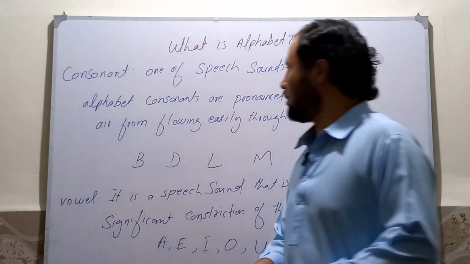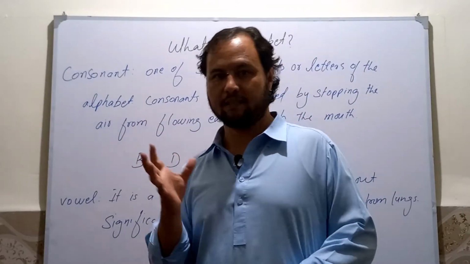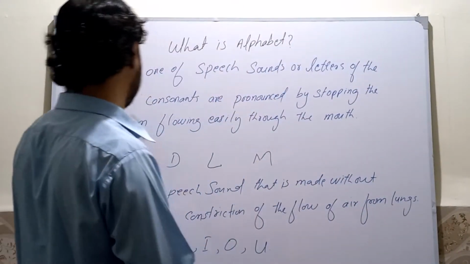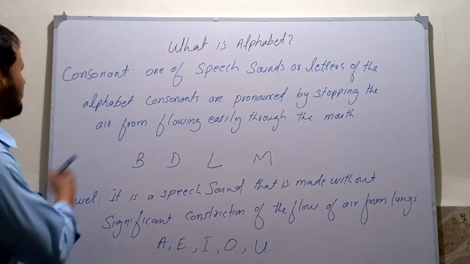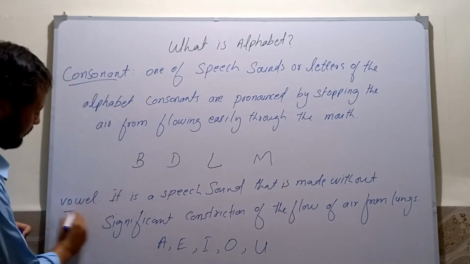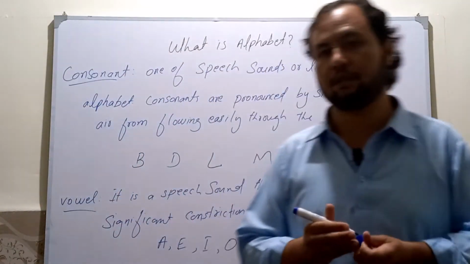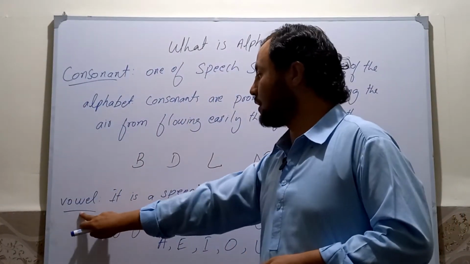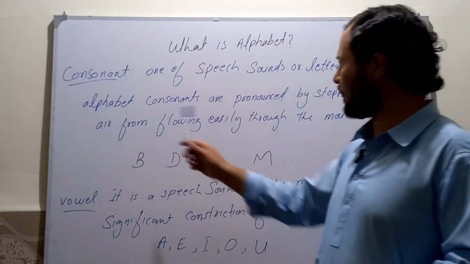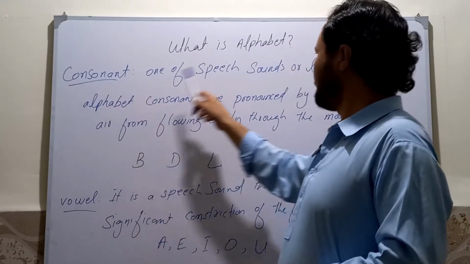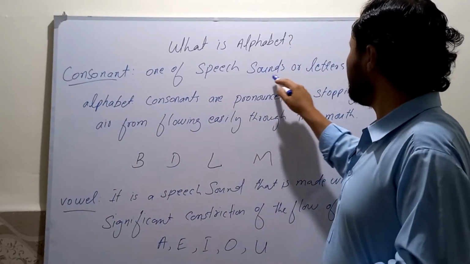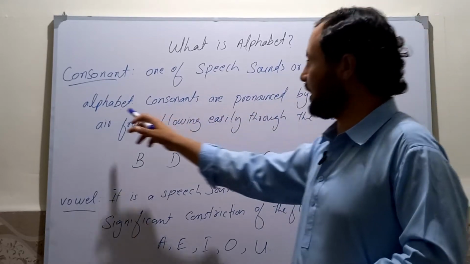Now, consonant and vowel. What are the differences between the word consonant and the word vowel? We should know the difference. Consonant has a definition: one of the speech sounds or letters from the alphabet.